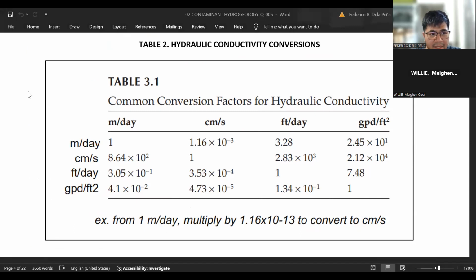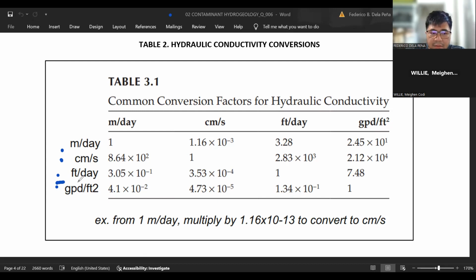Let me do that. Again, what I taught earlier, just start with the rows in here. Our starting unit of measurement is gallons per day per feet squared.